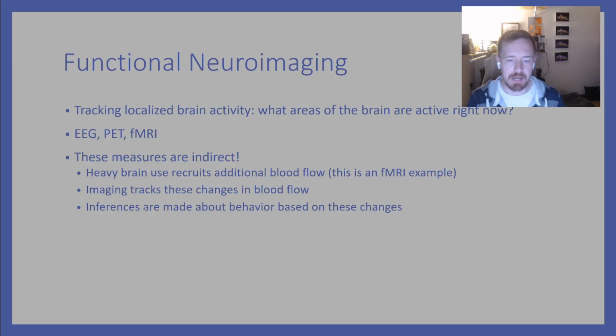So anyways, as I was mentioning about neuroimaging, the goal is to help us identify what areas of the brain do what. These are the three that are most widely used, so those are the ones we'll talk about. They're also the ones you can find in your book. I want to point out that these measures are indirect.